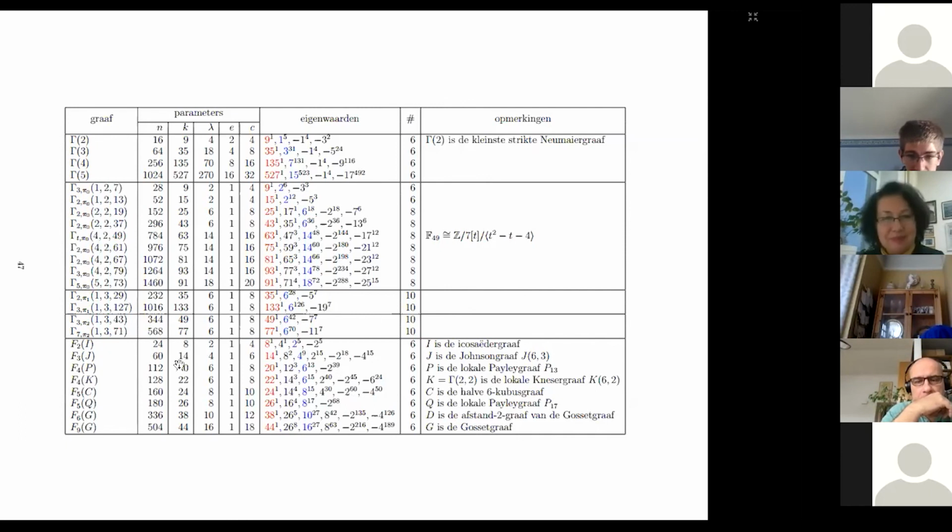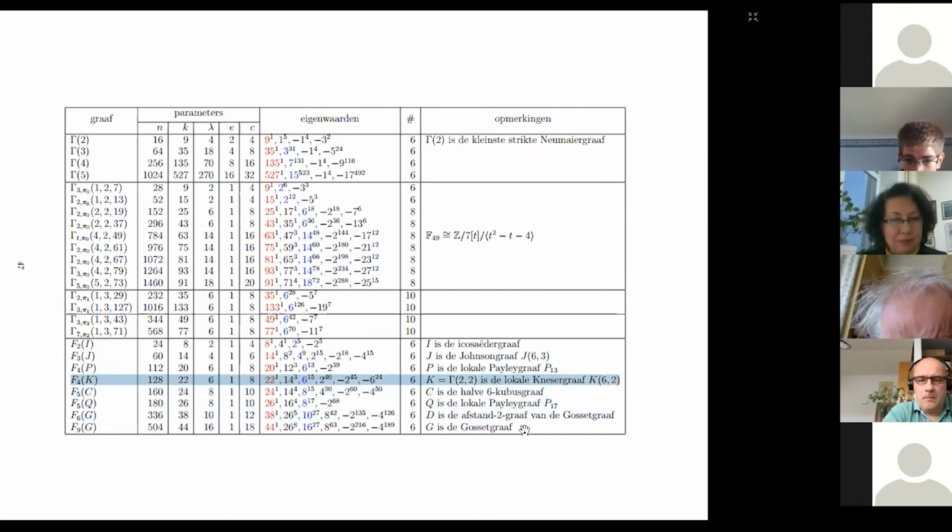So for instance, if you take the Johnson graph J(6,3), which is a Taylor graph, so you can do the original Greaves-Koolen construction, you find a graph with 6 eigenvalues which are all integral. And there are some other examples in this table, but not so many, but this one also is an integral example, and the bottom 2 rows based on the Gosset graph are also integral. So I hope this answers your question.